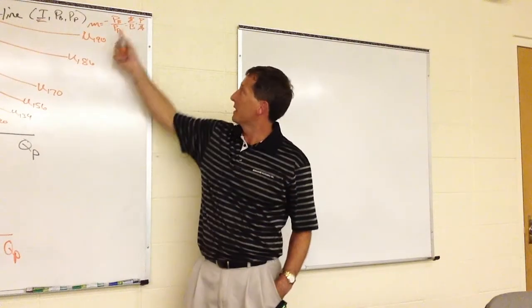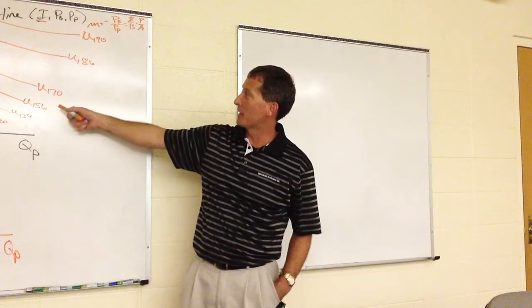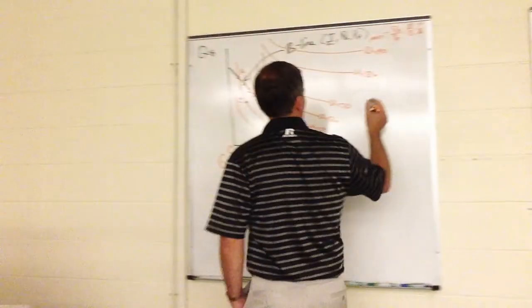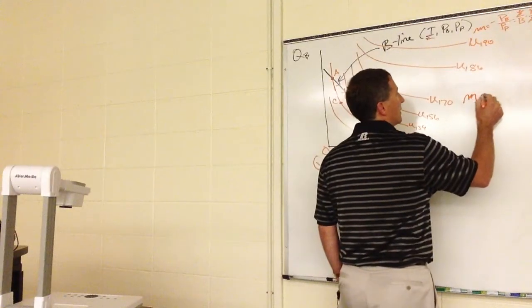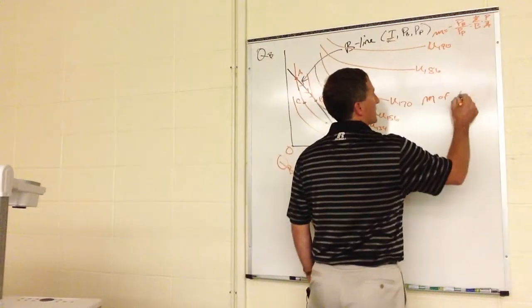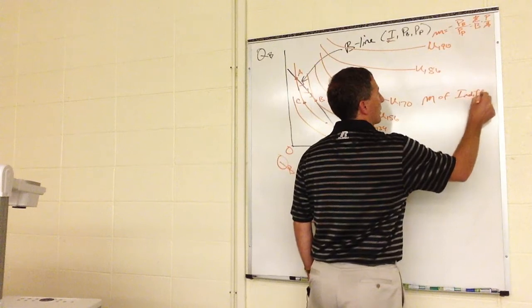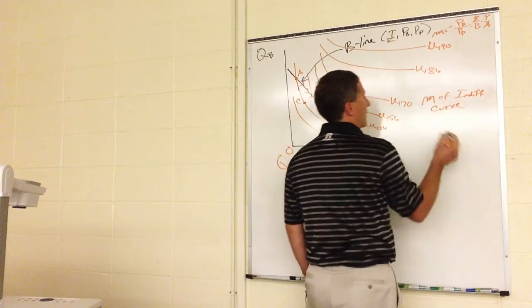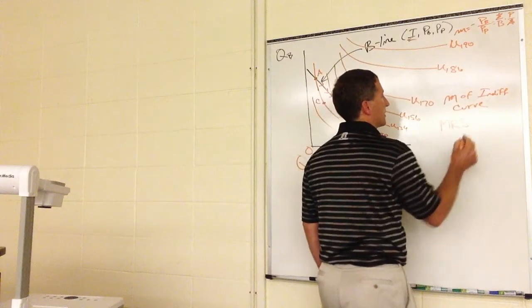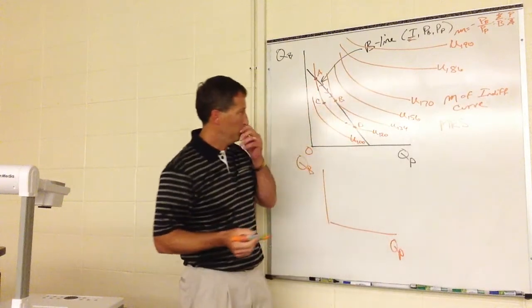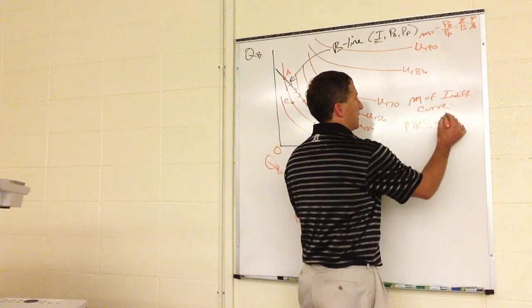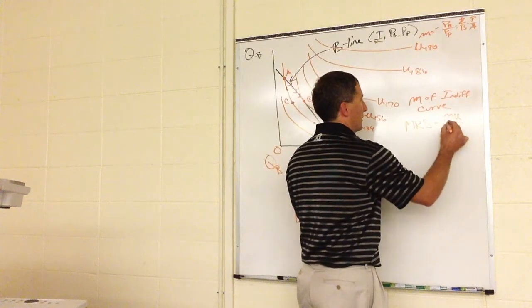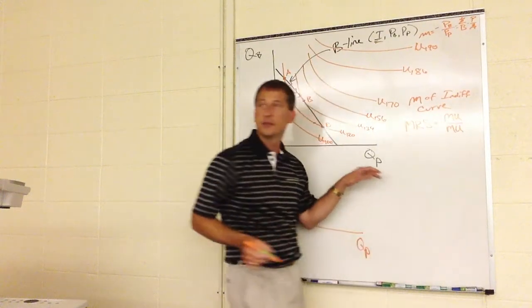The slope of the indifference curve, the marginal rate of substitution, is the marginal utility of what over the marginal utility of what?